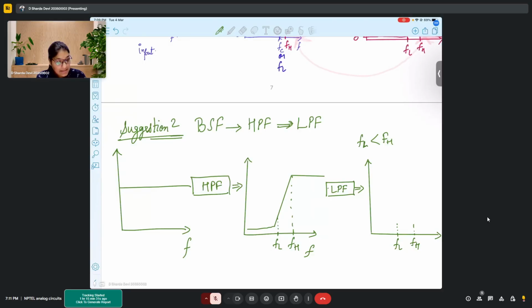Correct? So before FL, whatever is the signal, it will pass as it is. Right? After FL, your frequencies will be eliminated. So you will see some slope depending on the order of the filter, and then your signal will be eliminated. Right?